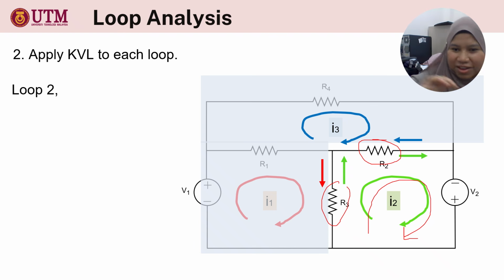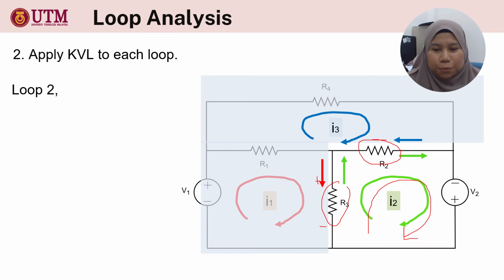Just now we said this R3 terminal is like this, remember? Now the current direction for loop 2 is like this, so the terminals of the resistor will change too. We are following the exact position of each loop. If in loop number 2 the current is like this, we follow it first.